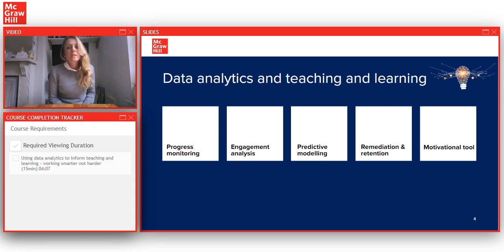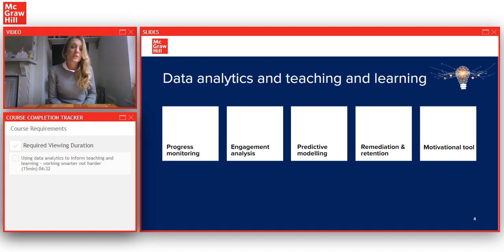This is obviously very fundamental to us all as we want to support learners the best way we can. And data analytics really does help us step in at pace and signpost, as Donal will talk to, places that they can gain support from. That's the remediation that data analytics can help with.